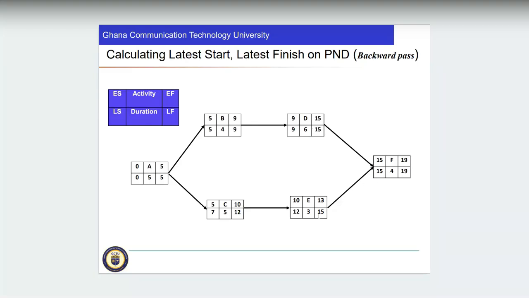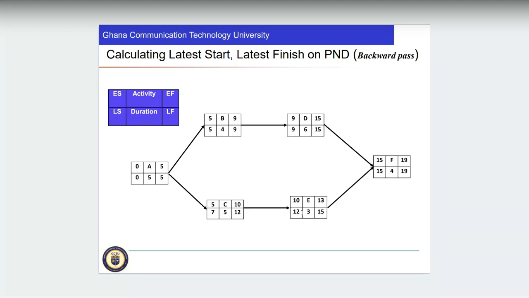The same thing as you can see from here: the latest start of this becomes the latest finish for this. So what about the latest start for the original activity that we are going in reverse on? What about the original one we are dealing with?